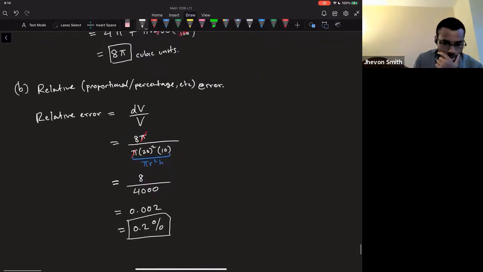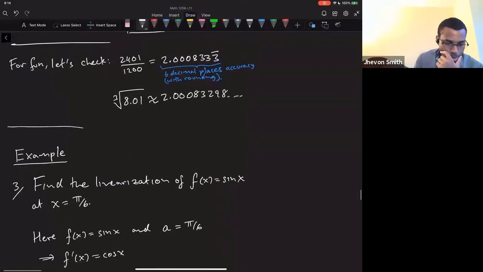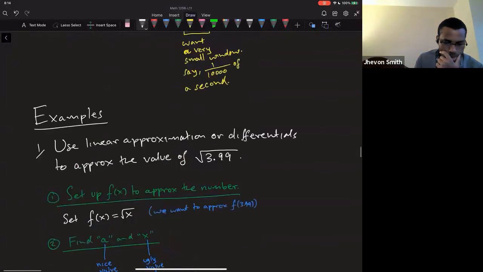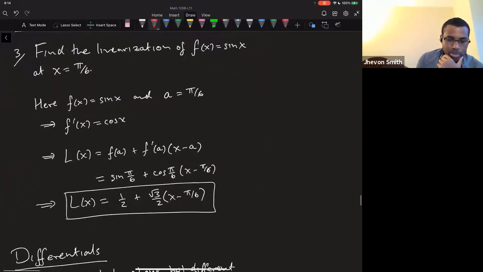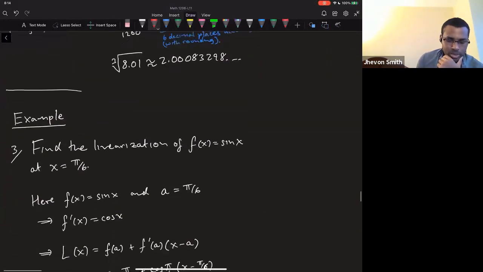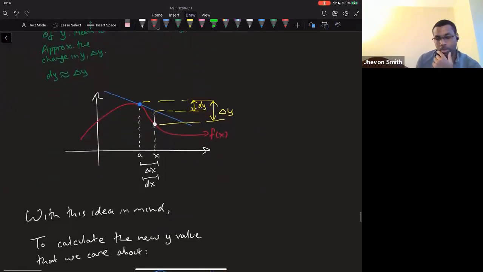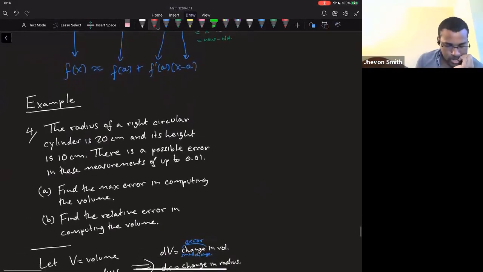Yeah, and that's that. So a problem like this is probably what you definitely need to know. Problems like this, because I'll ask you about that. Problems like the others, like just find the linearization of something, probably won't ask that, but you can make that. You'll see some of that in the homework.